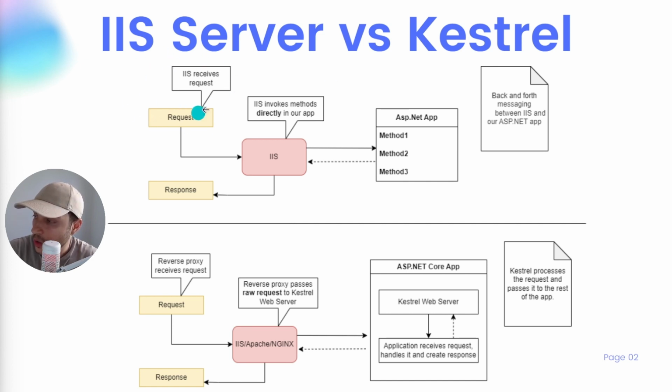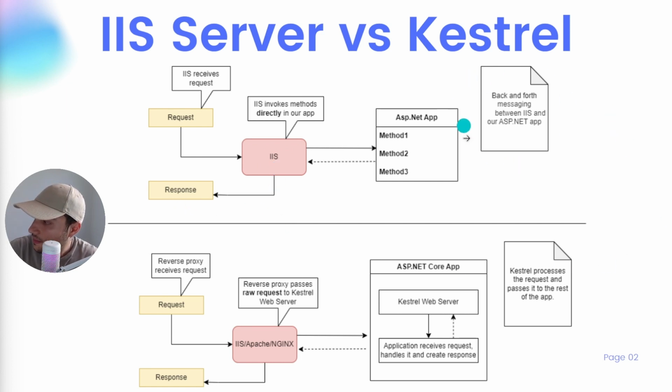So basically the request from the internet or the client was received by IIS, then it invoked methods directly into our application. Our application processes the corresponding business logic and sends back a response, but to the IIS server, and then the server sends back the response.